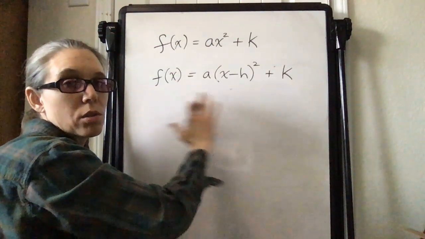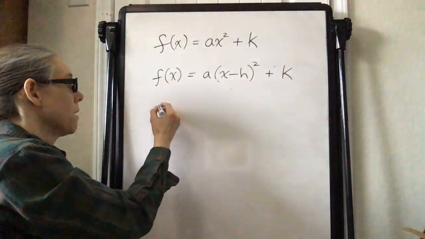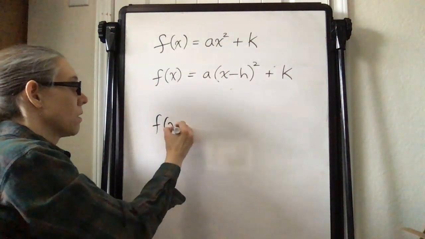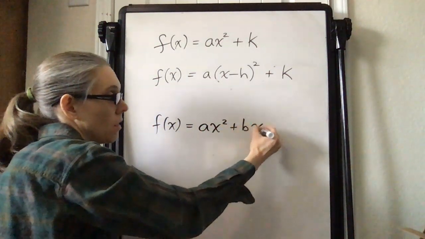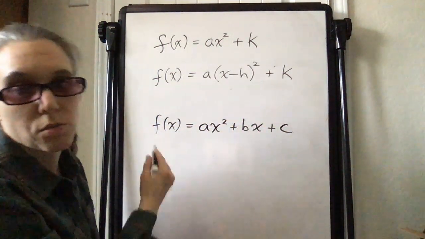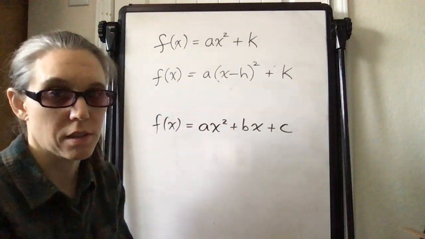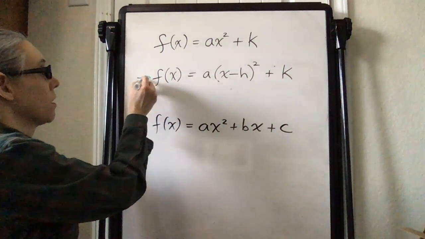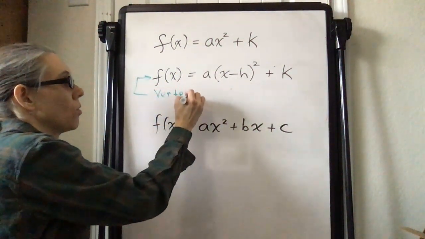And so we're going to see horizontal and vertical shifts here. And then the last type that we're going to see is written like this. In most books, this version is called vertex form.